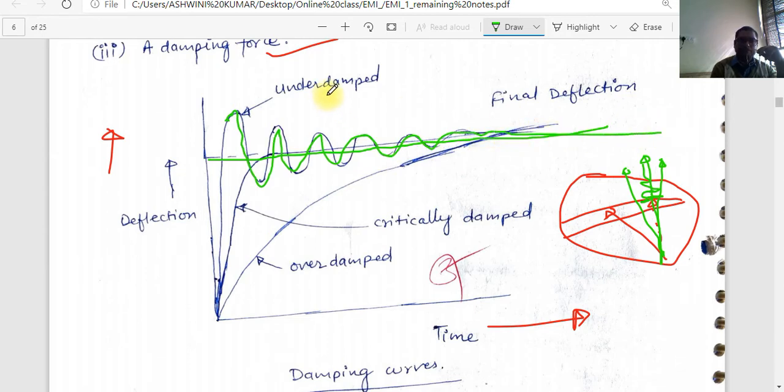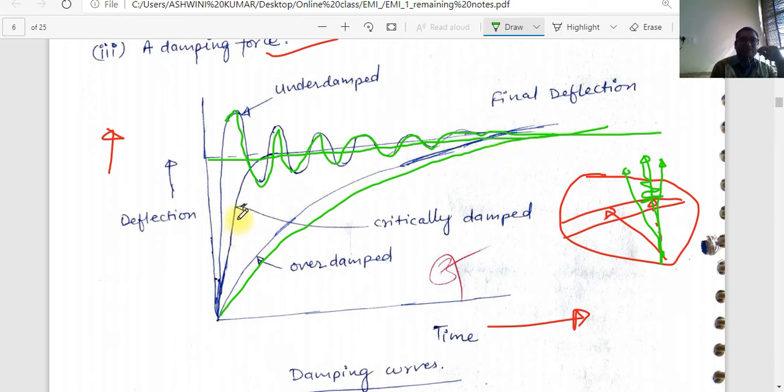This is the underdamped case, and this is overdamped. There is a high value of damping force. It also takes a very long time to settle at the final position of the pointer, meaning sluggish, slow response.